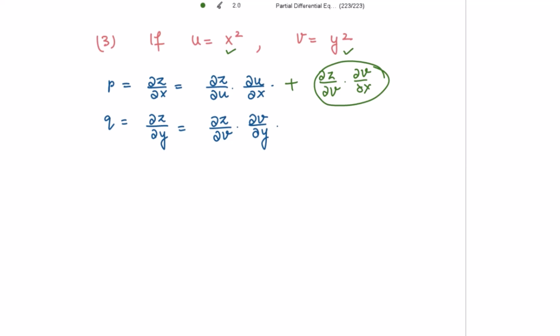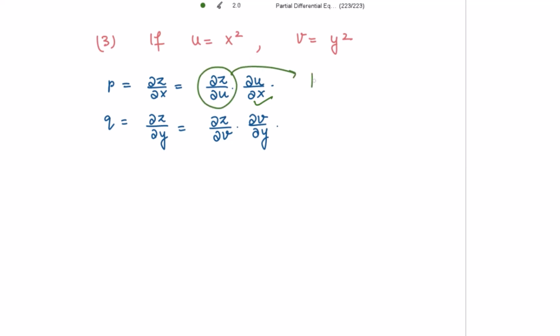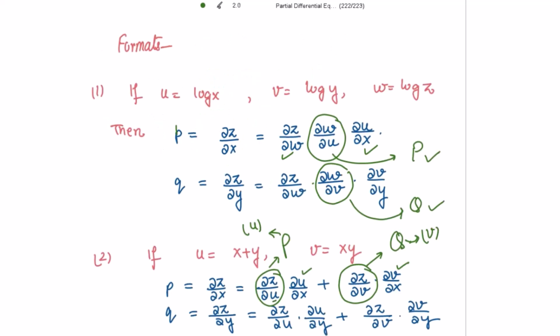No. Why? Because u is depending upon x only, right? So there is no need to take this. This is solvable, this cannot be solvable, take this as your capital P. Similarly in Q, this is solvable, this cannot be solvable, take this as your capital Q, right? So this is how we need to consider these formats, and accordingly we need to solve the question.